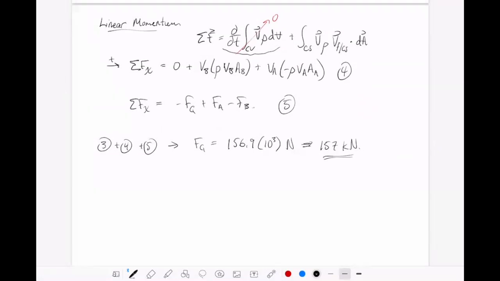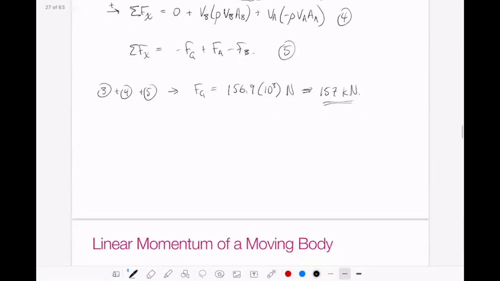So are there any questions about this example? No questions? All right.